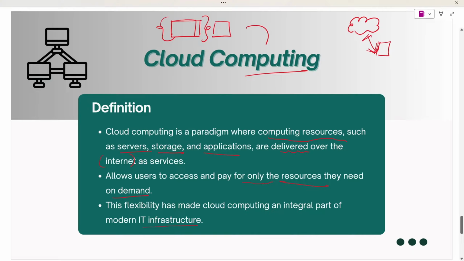But in cloud computing, you only pay for the resources which you are using. So you can easily demand from the cloud based on your requirements.